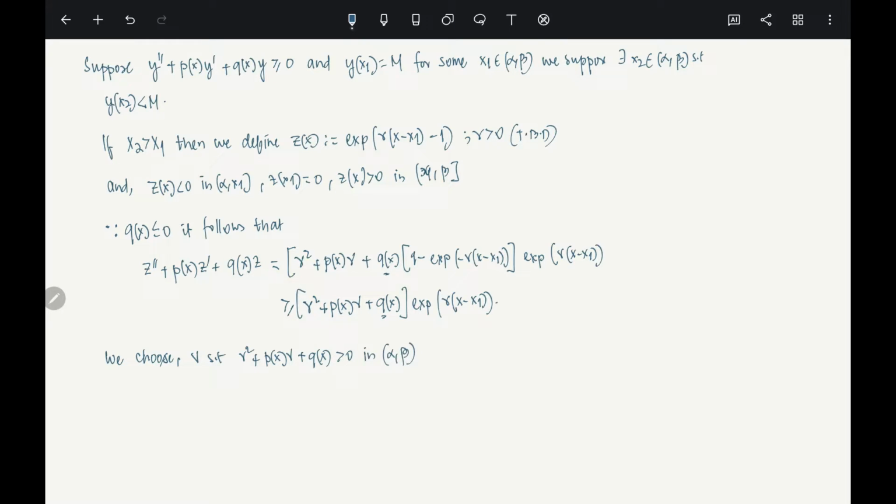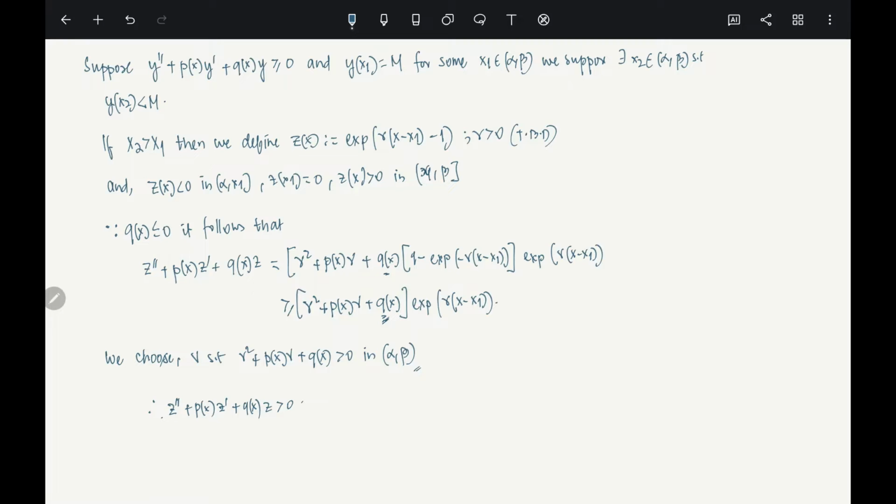We can choose it, since gamma is some given function, nothing special. If gamma is such that this is strictly positive, then this is strictly positive times an exponential, which is also strictly positive. So basically, z double prime plus p of x z prime plus q of x z will be strictly positive.